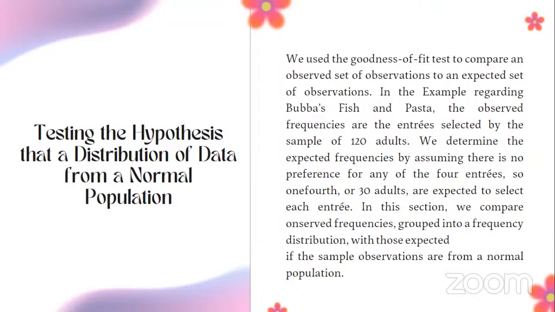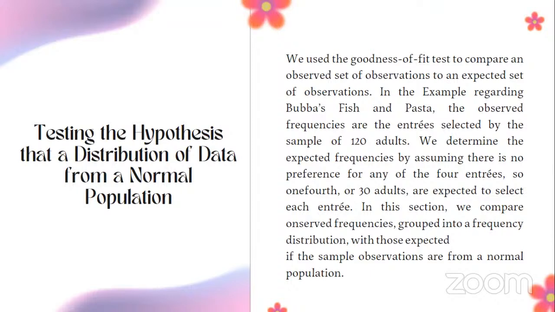In the example regarding beef, fish, and pasta, the observed frequencies are entries selected by the sample of 120 adults. We determine the expected frequencies by assuming there is no preference for any of the four entries. So, one-fourth or 30 adults are expected to select each entry.